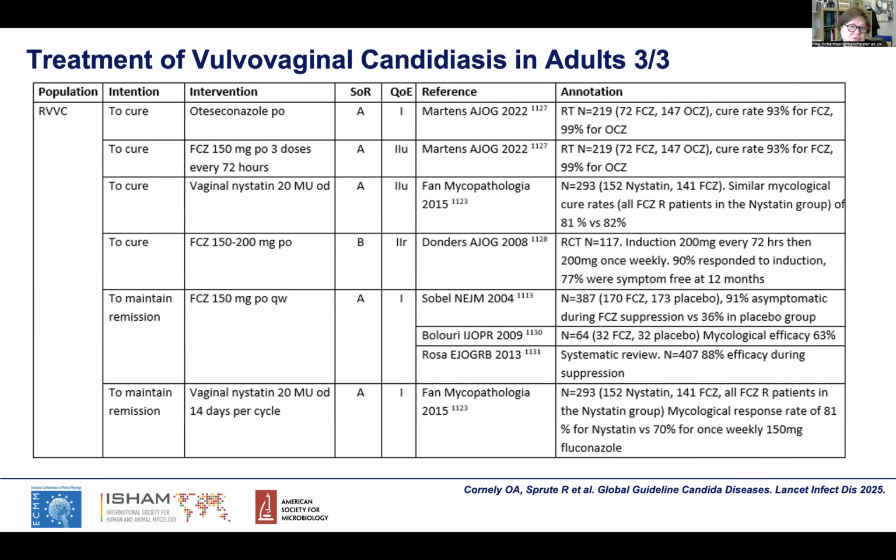An interesting new drug still in development is oteseconazole, now licensed in the US, and it is very effective in recurrent vulvovaginal candidiasis, as its half-life is 128 days, so a short course gives you good protection for nearly a year.